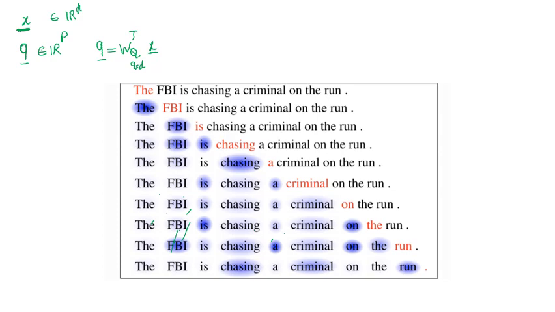I have K as another vector, which is also in R^P, and K is also computed by a projection, but this projection is different from the projection that I use for query.